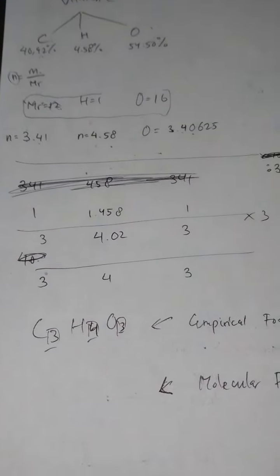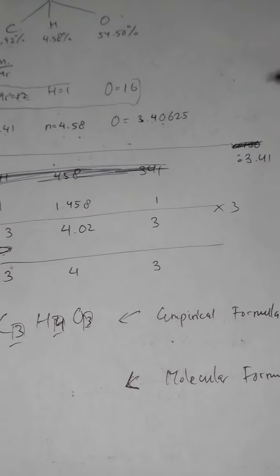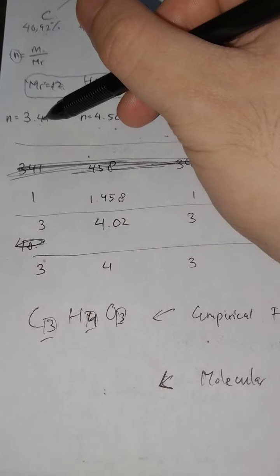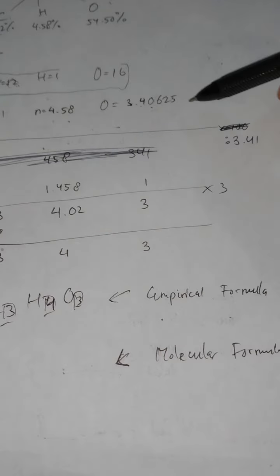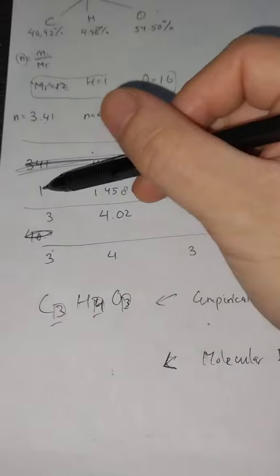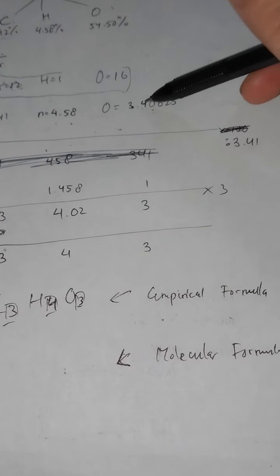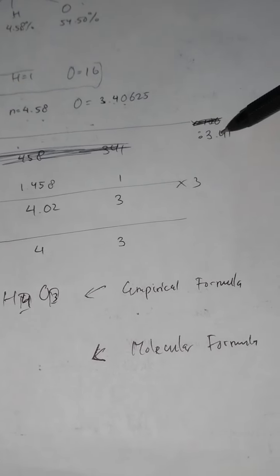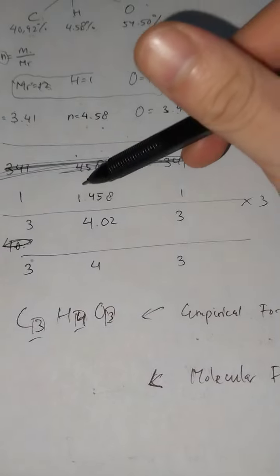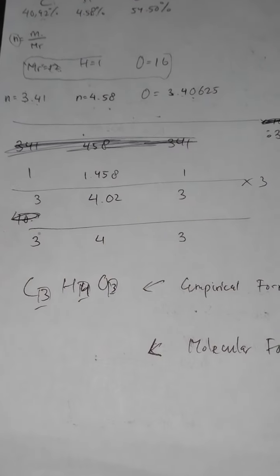So let's simplify this. The way I usually simplify it is by dividing all of them by the smallest number, so I can change the smallest number into 1. It's 3.41 divided by 3.41. 3.41 as well divided by 3.41. 4.58 divided by 3.41 is 1.458.